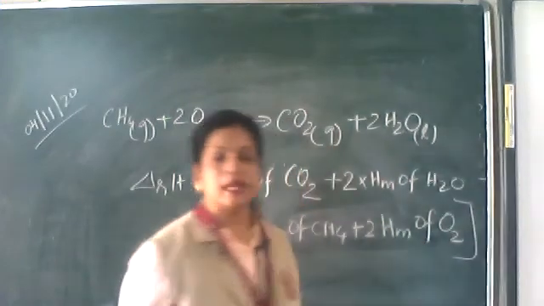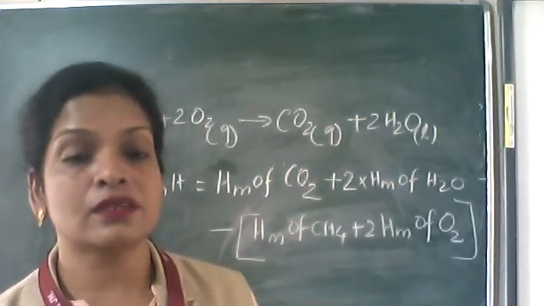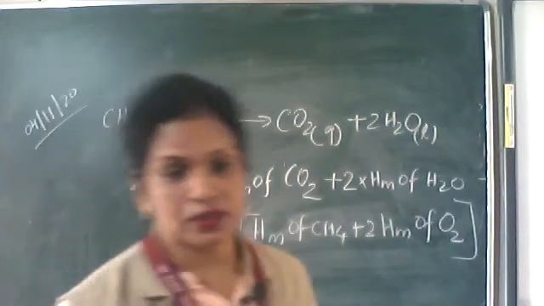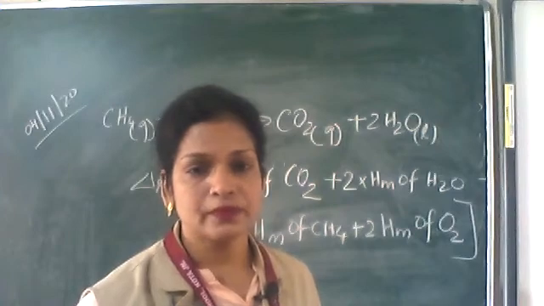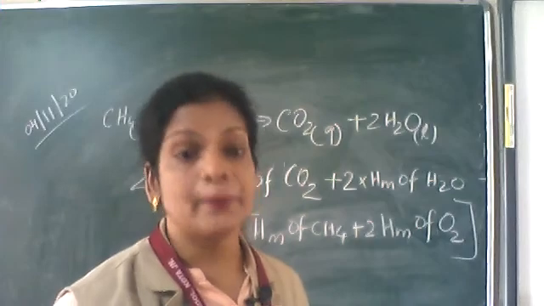So this is the enthalpy of this reaction. During this reaction, heat is released. So if you calculate, you will get a minus sign if it is a combustion reaction.